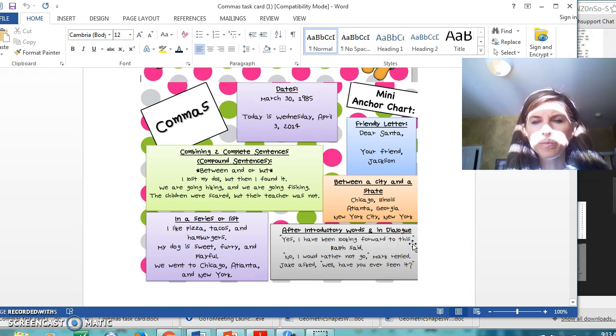If you don't have an exclamation mark or a question mark, there's a comma inside of the quote if it's at the beginning of a sentence. Here is if the quote is at the end of the sentence, then the comma is after whoever is saying it.